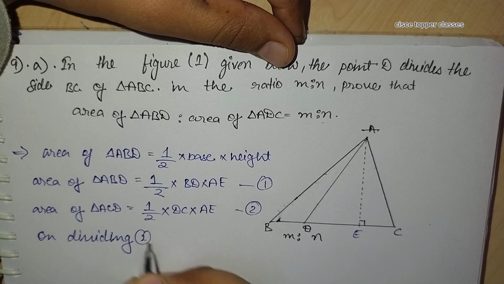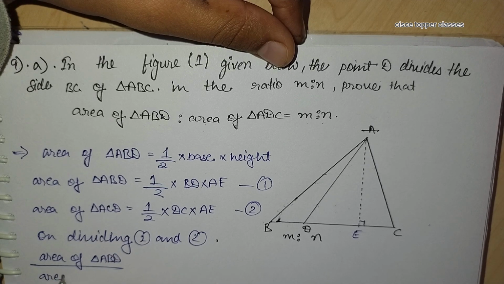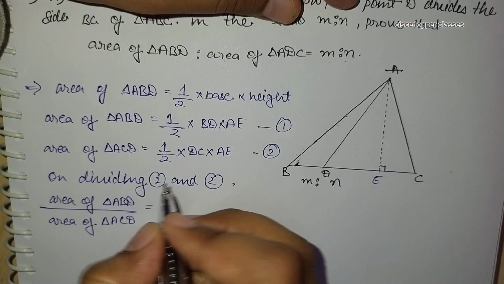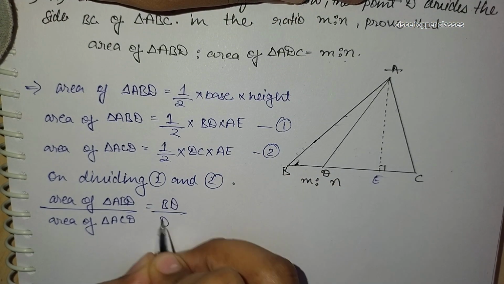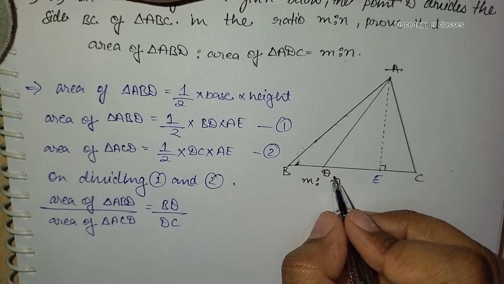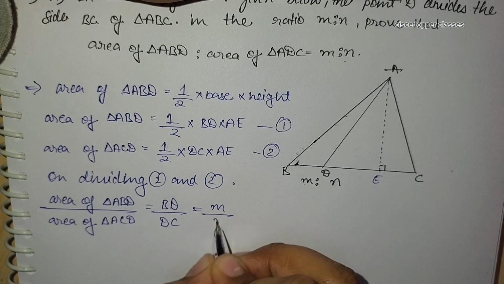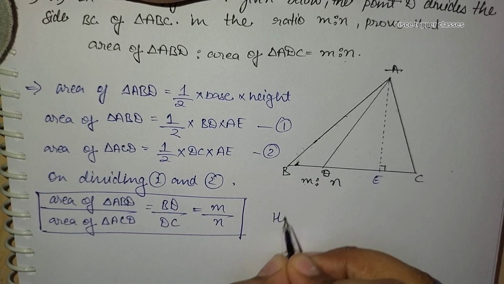On dividing first and second, we will get area of triangle ABD divided by area of triangle ACD is equal to half AE will be cancelled out, and this will be BD by DC. And here it is given that BD to DC is M ratio N. So it will be M by N. This is what we had to prove in this question, hence proved from here.